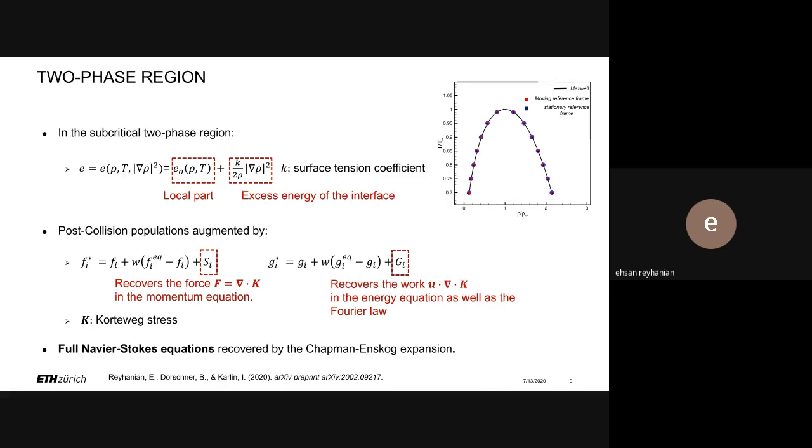Now, we recover the full Navier-Stokes equations for a two-phase system by conducting the Chapman-Enskog analysis.